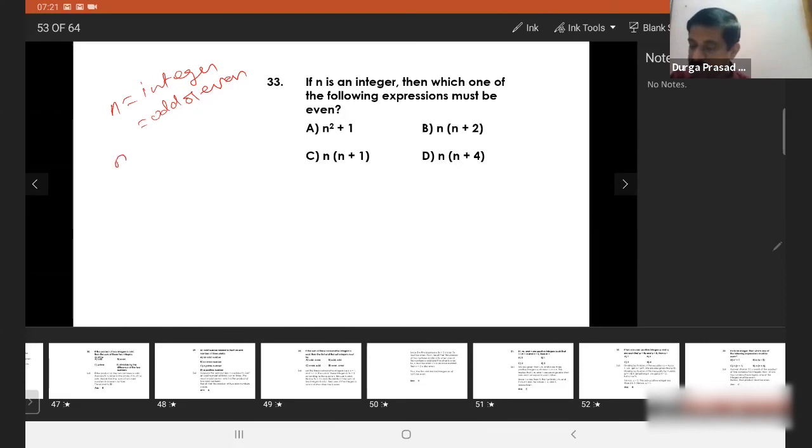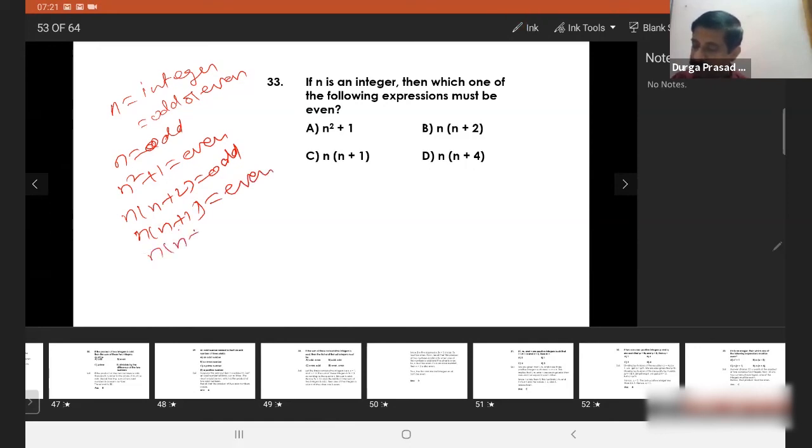If N is odd, N square plus 1 is even. And N into N plus 2, odd into odd is odd. N into N plus 1, odd into even is even. If you take N into N plus 4, when N is odd, odd into odd is odd. So you see you are getting like this.